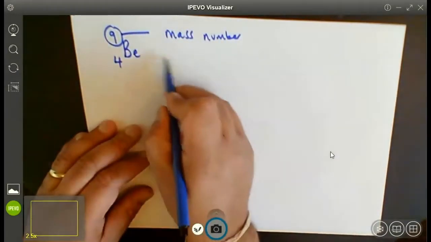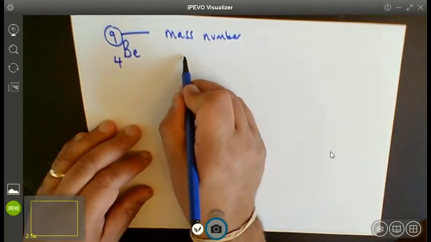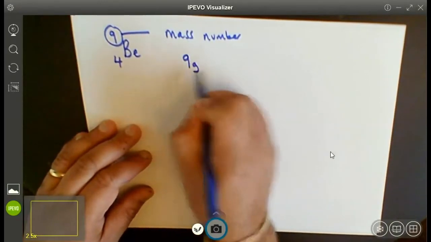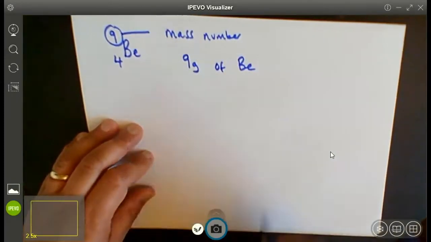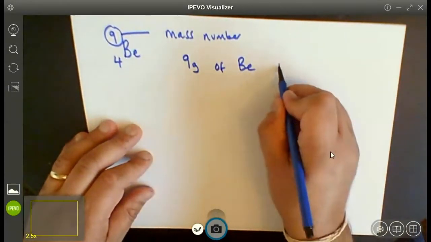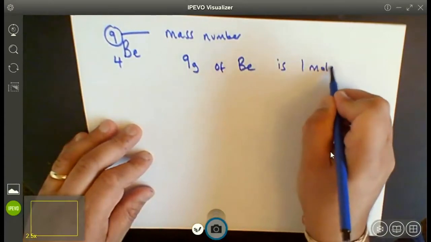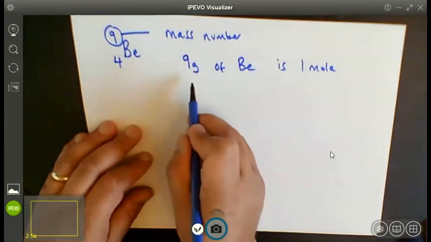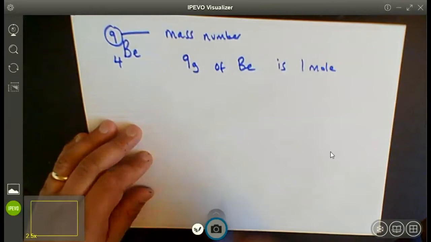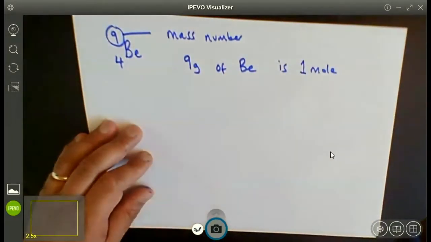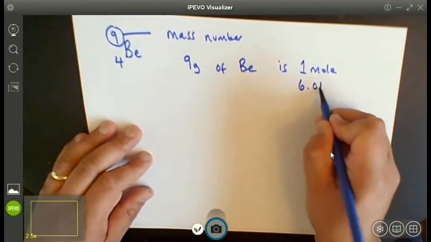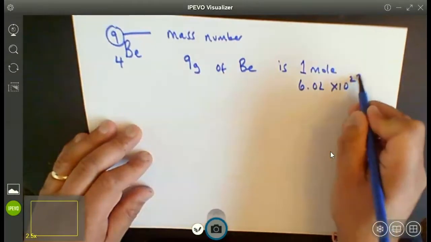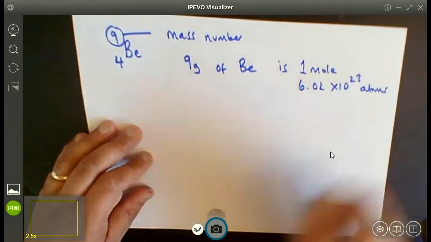If I weighed out on a balance exactly 9 grams of beryllium, 9 grams of beryllium is 1 mole. That means that if I weighed out 9 grams of beryllium, I would have 1 mole. So I would know exactly how many atoms are in 9 grams of beryllium. I would have exactly 6.02 times 10 to the 23 atoms.